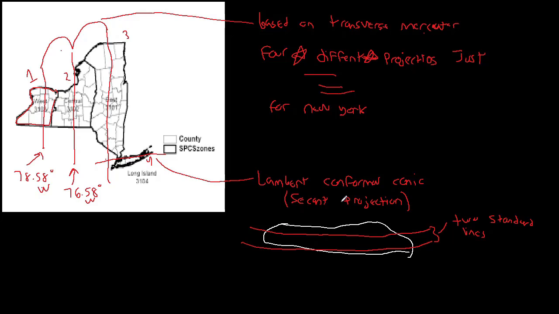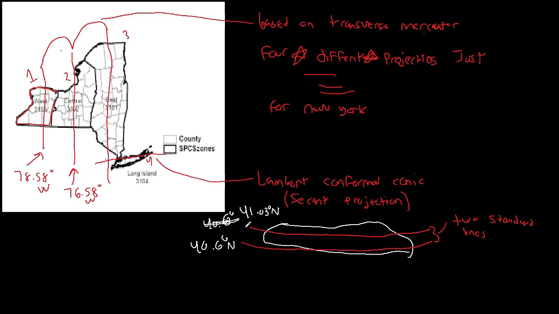So where are these standard lines? Well, the top one here is at 40.6. Sorry, the bottom one is at 40.6 degrees north. The one up here is at 41.03 degrees north.